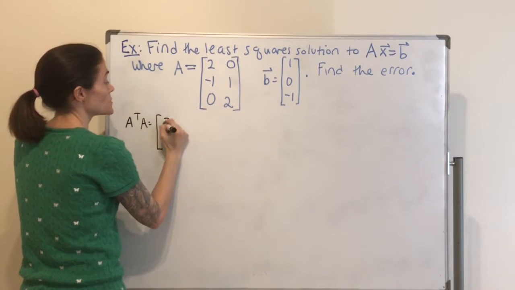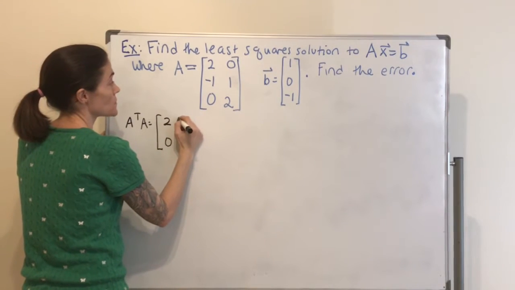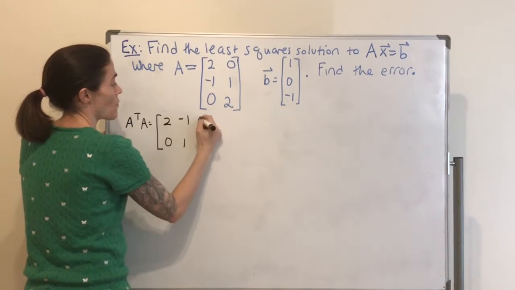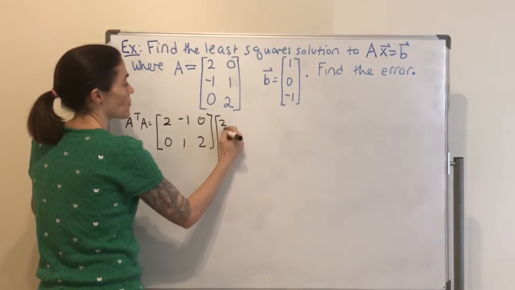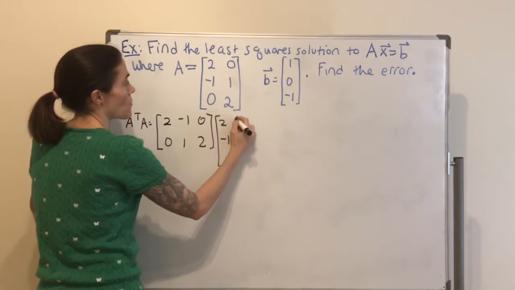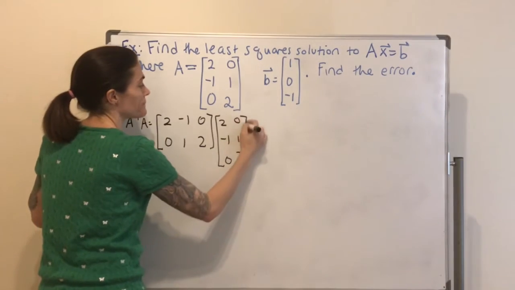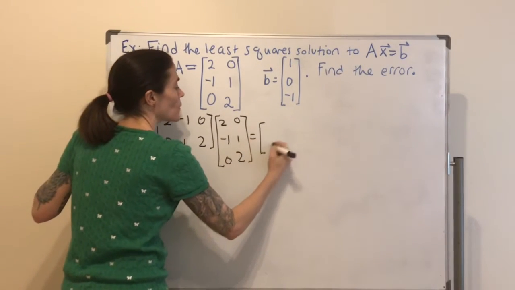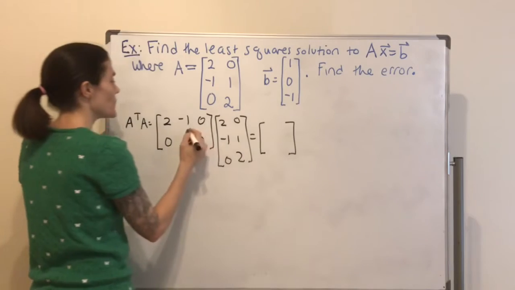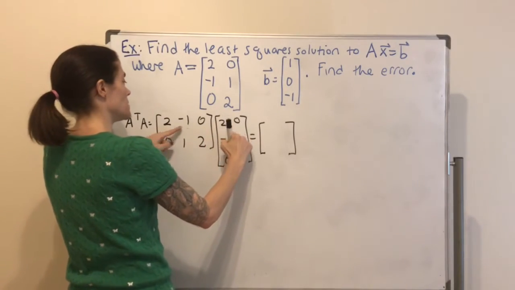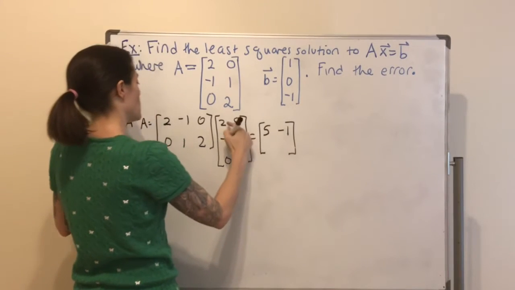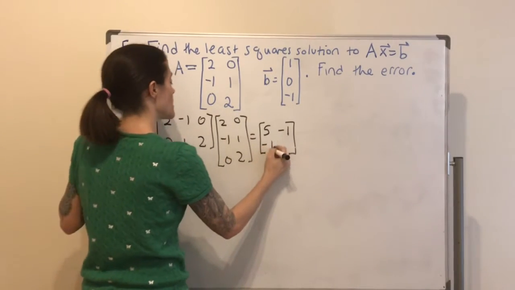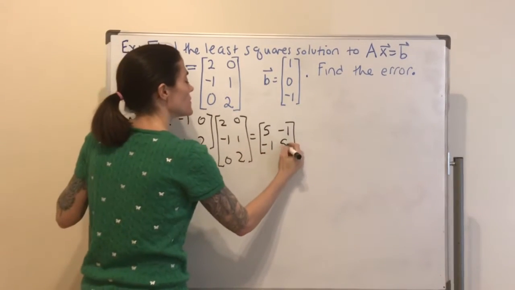A transpose is like this, and then multiply by A. Okay. We will have a 2 by 2. We get 5, minus 1, minus 1, and 5. Okay?